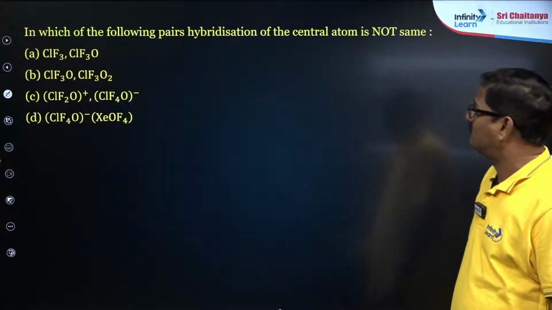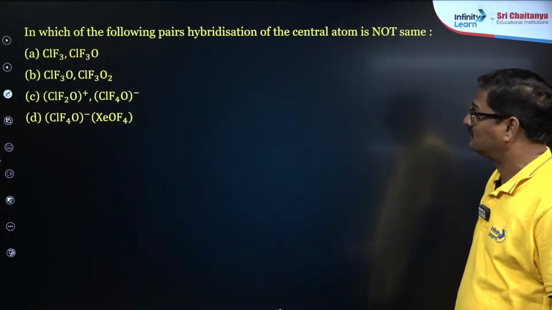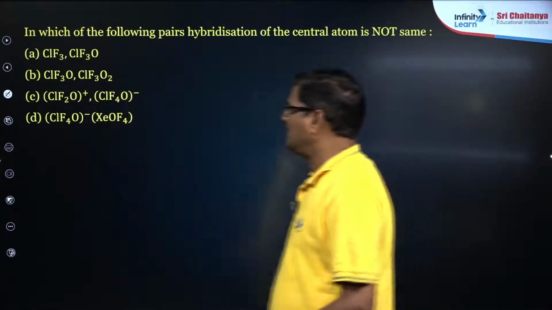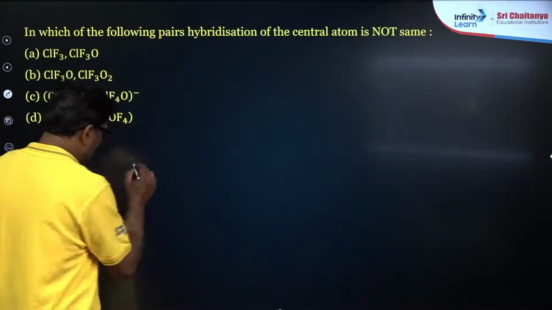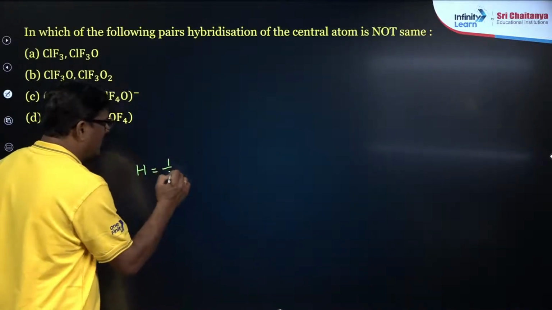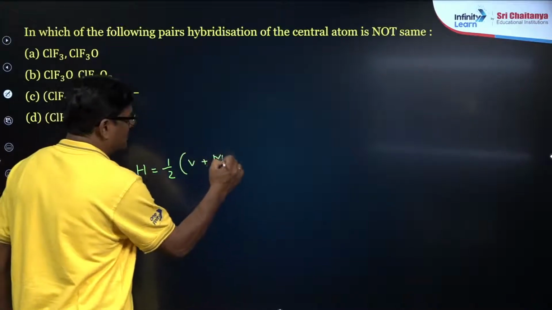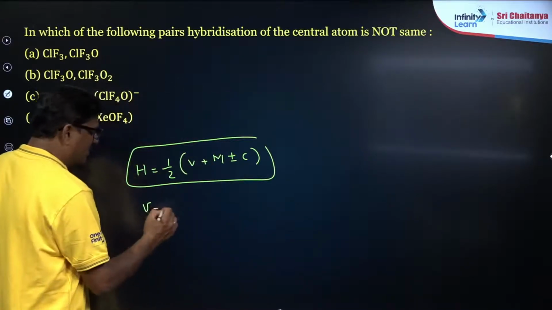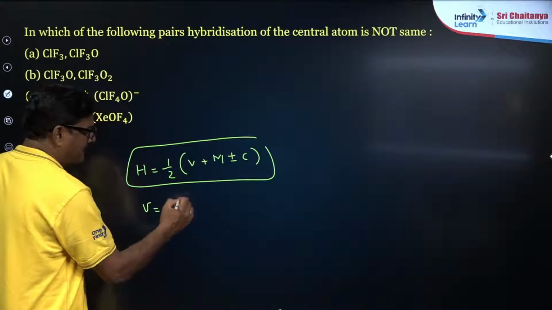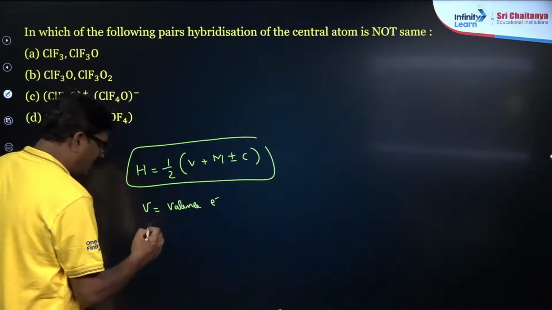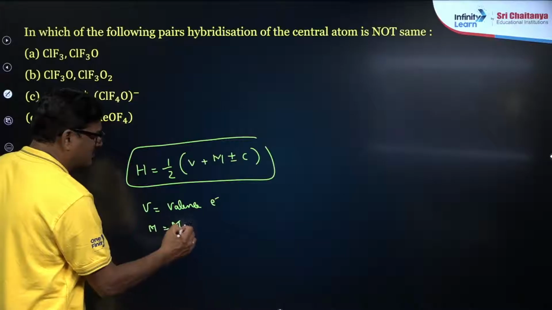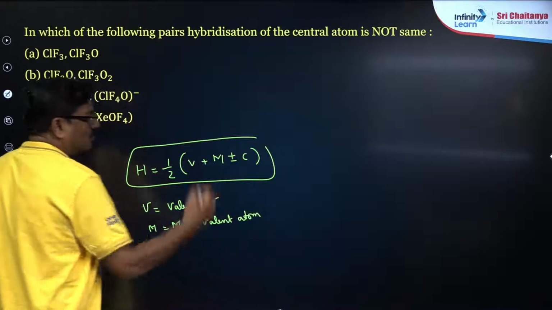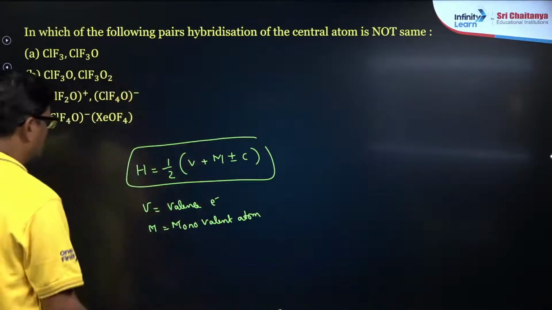In which of the following pairs is the hybridization of the central atom not the same? You just check it by using H is equal to half of V plus M plus or minus C. V is the number of valency electrons, and M stands for the number of monovalent atoms that are attached to the central atom, and C is the charge.